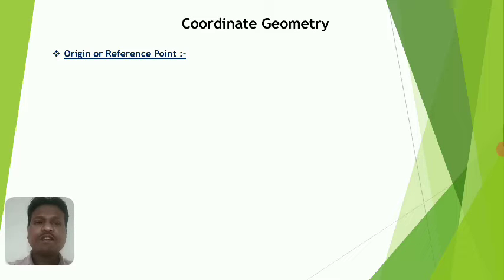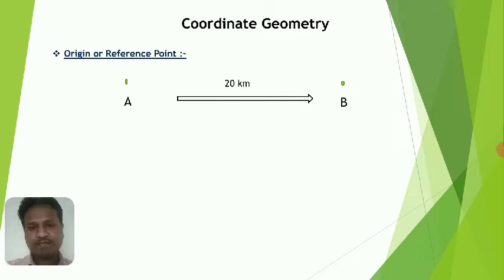If you consider one example, as you can observe in the slide, there are two places or two points or two cities, let us say A and B, and the distance between these two cities is 20 kilometers. If you say city B is at 20 kilometers from city A, that means to describe city B you are using A as a reference point.